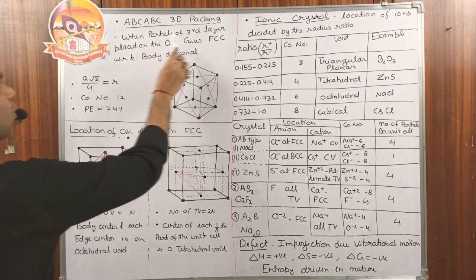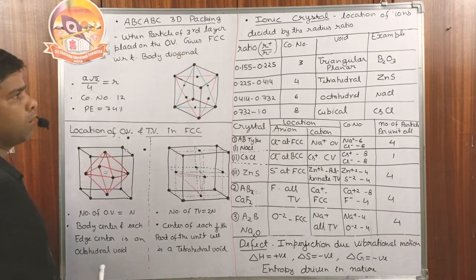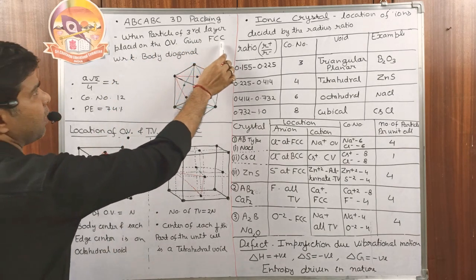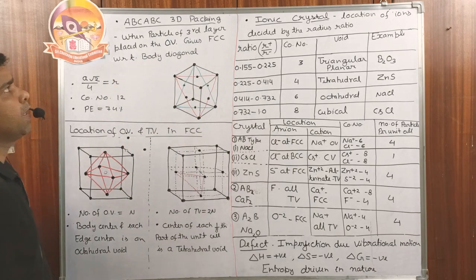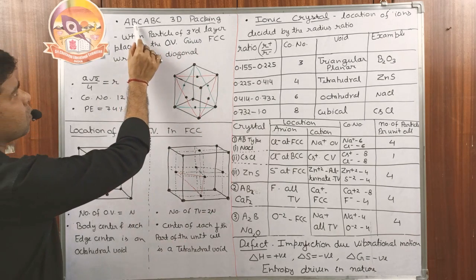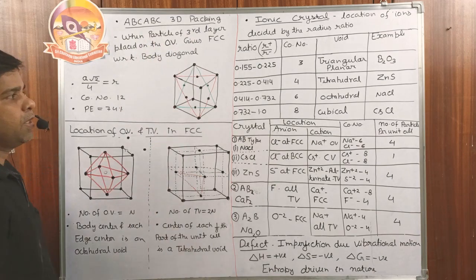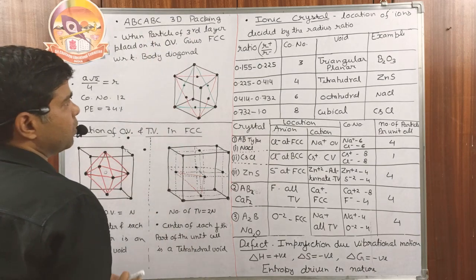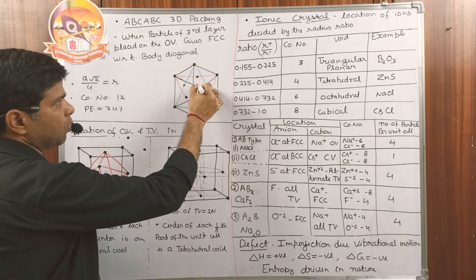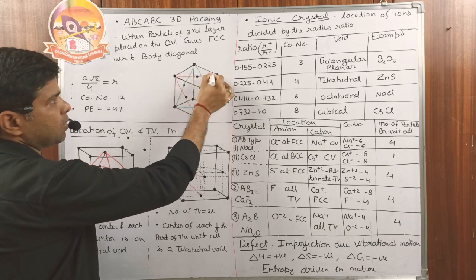When the particle of the third layer is placed on the octahedral void, that gives the FCC with respect to the body diagonal, and this FCC structure is called ABC 3D packing. Look, the first layer particle is the particle at the corner, then the next layer is the red layer.